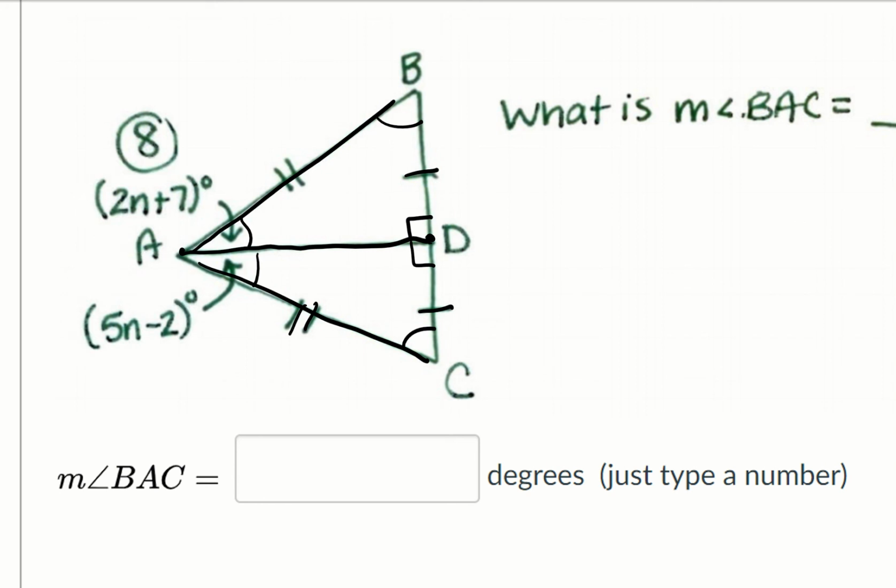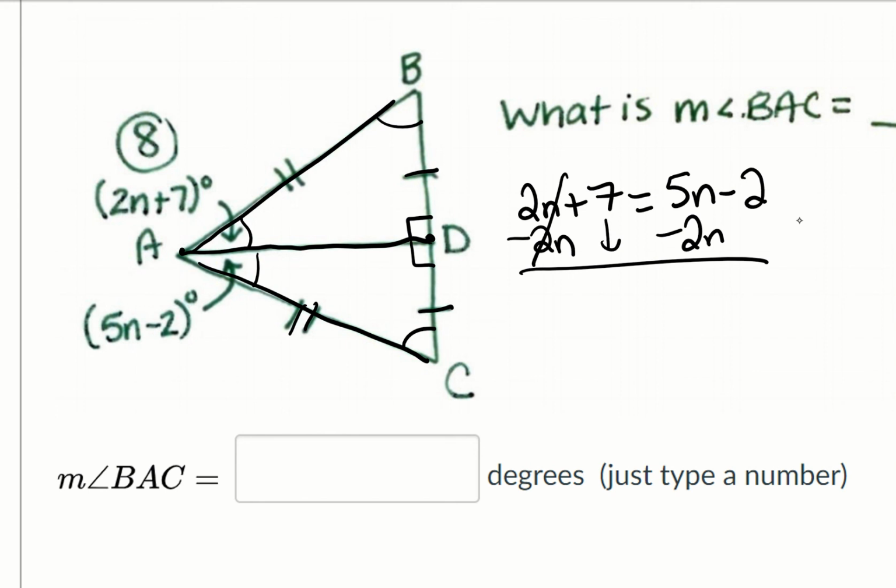So 2n plus 7 has to be equal to 5n minus 2, and we can solve that. I'm going to move this n over to the right-hand side.